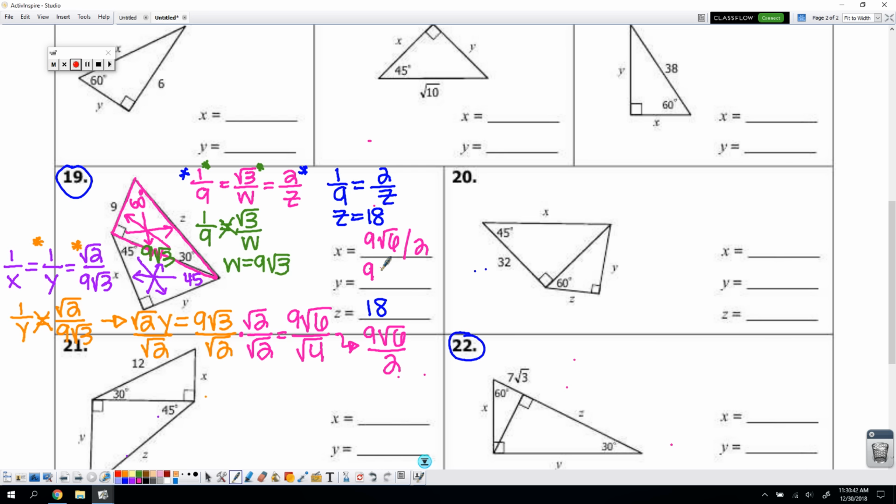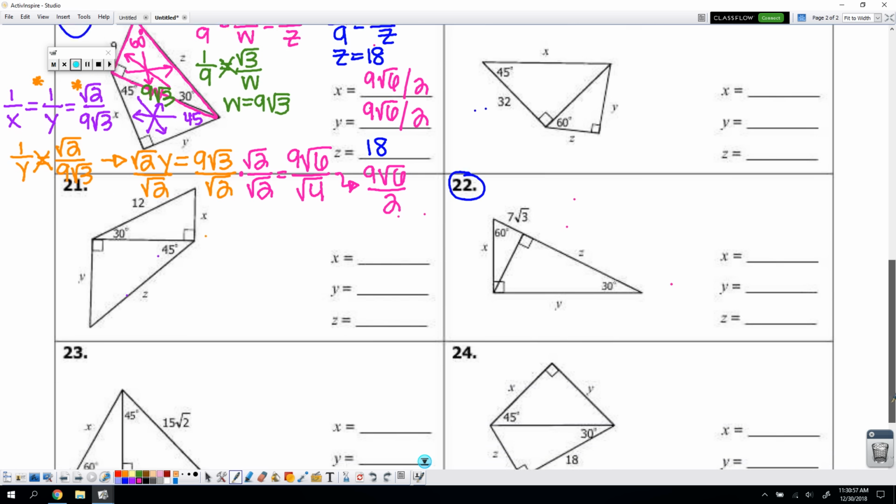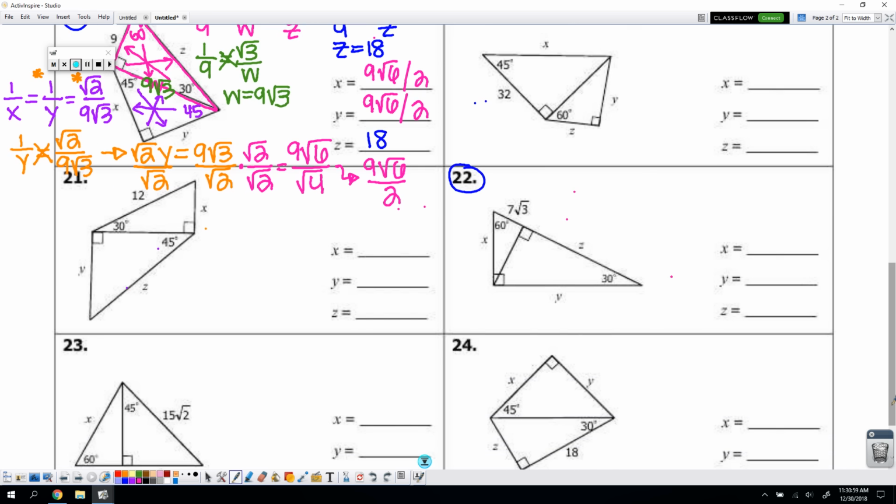And this one is exactly the same because it's a 45, 45, 90 triangle and it's isosceles. So that one got a little bit gross, but that's probably one of the hardest ones you could ever see. Okay? Now since that took a while, I'm going to skip doing number 22, but I'll have this answer key up on Google Classroom. Alright, good job.